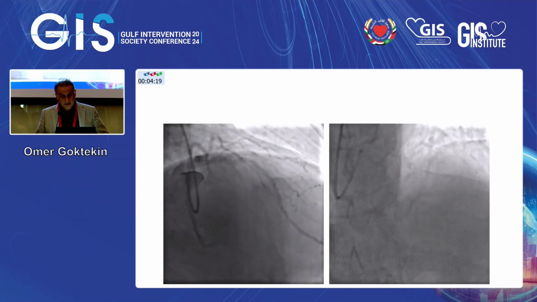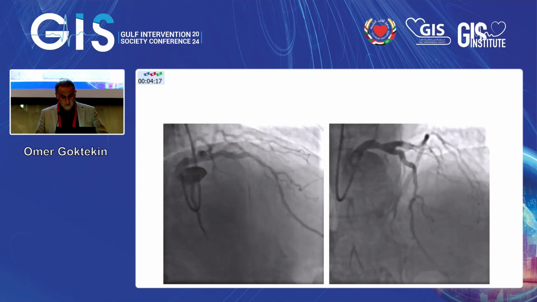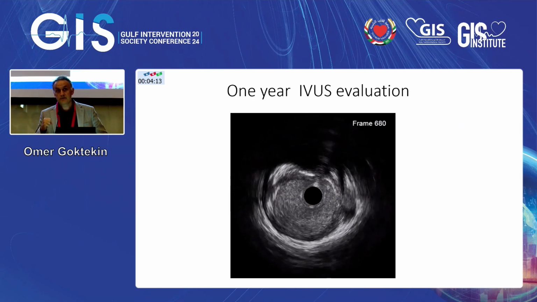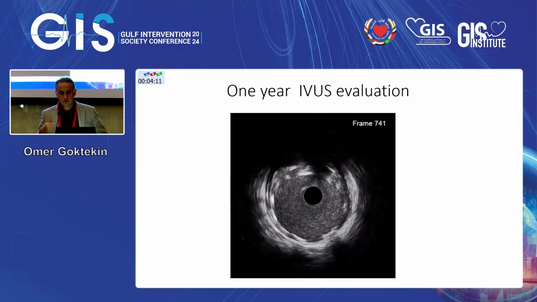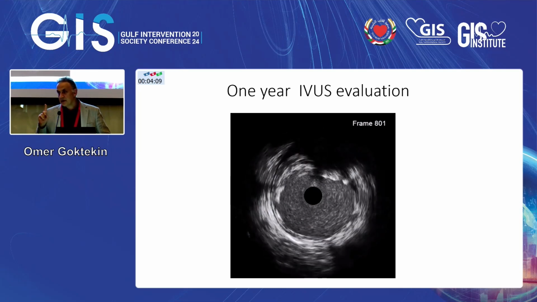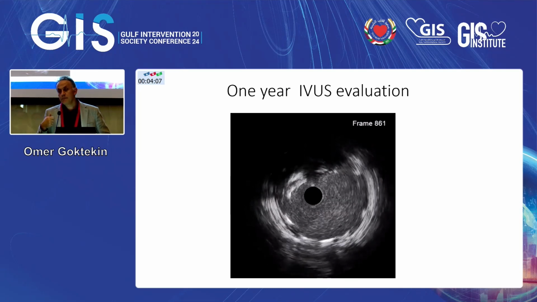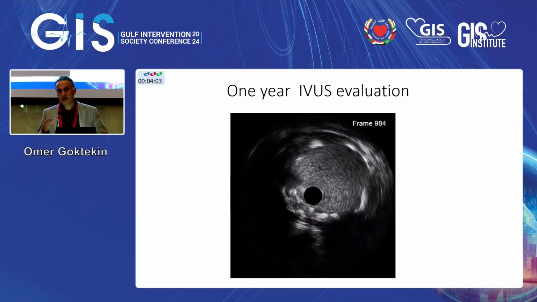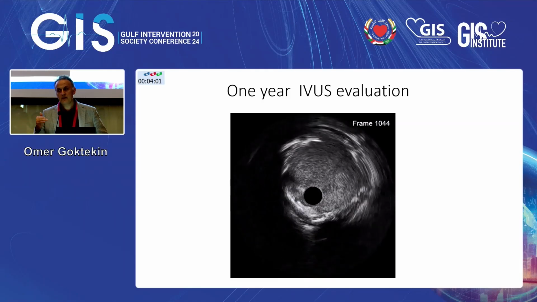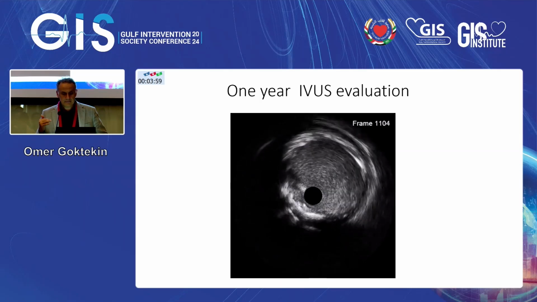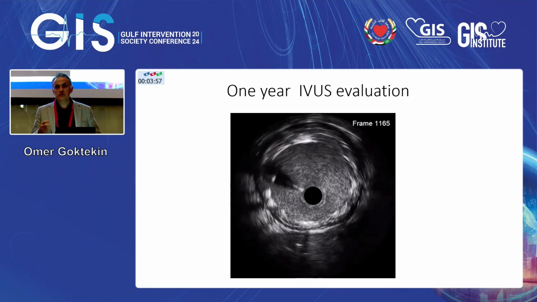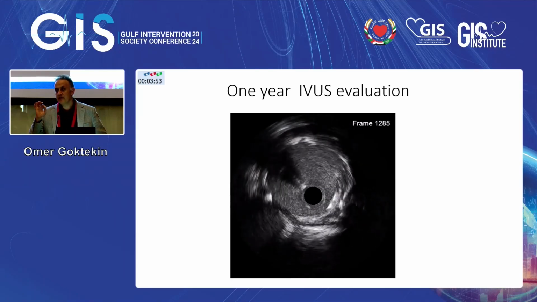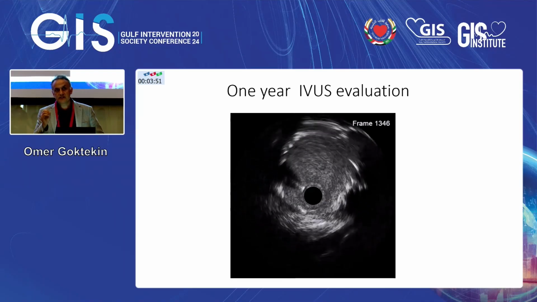And also this may help in acute coronary syndrome, because all of us know that in acute coronary syndrome, mostly vessels are spasmodic, right? When you give nitro, you will have a bigger vessel. Another important indication for me: we could have an underexpanded stent in a calcified lesion. Sometimes we think that we had good preparation of the lesion, but our stent may not expand well in some part, and we will definitely have restenosis in that part.